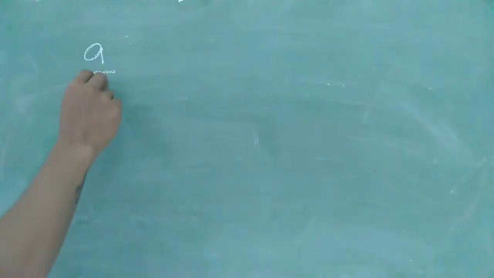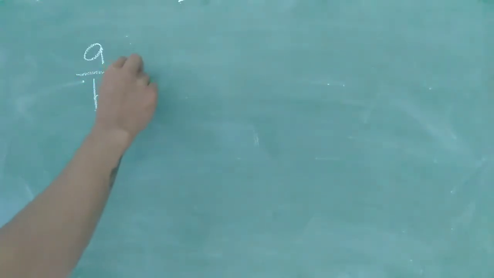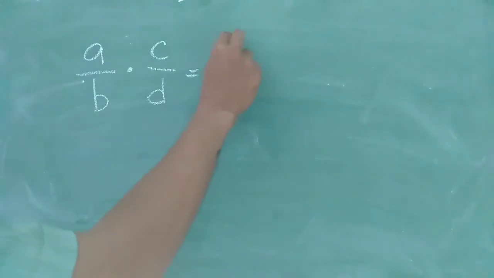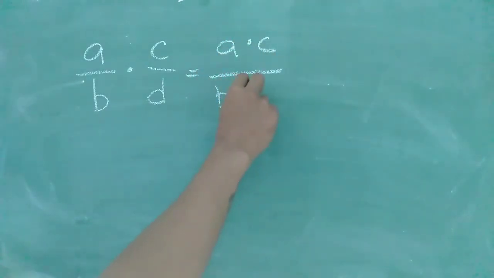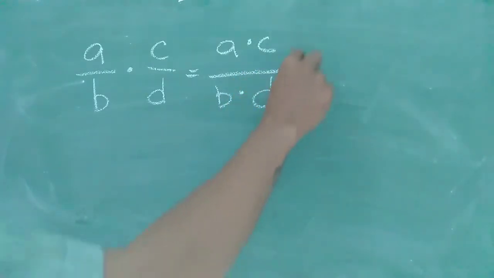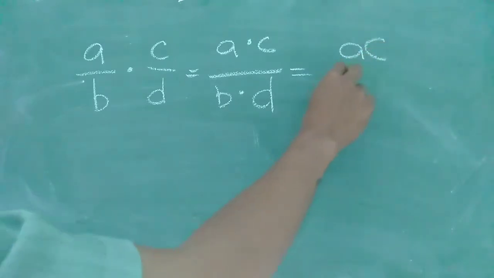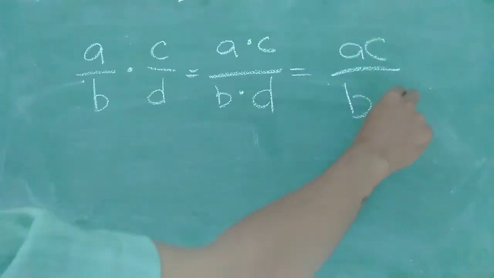Let's have A over B times C over D. Here, we have A times C over B times D, and it is AC over BD.